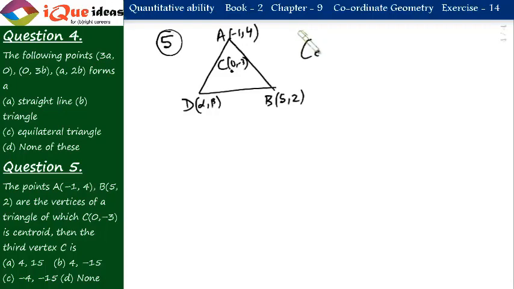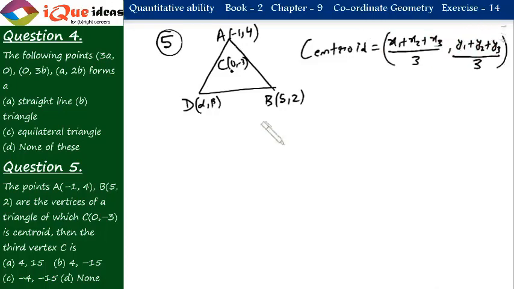We already know that the centroid coordinates are calculated as (x1 plus x2 plus x3) divided by 3 and (y1 plus y2 plus y3) divided by 3. Alright, here centroid coordinates are given as (0, minus 3).